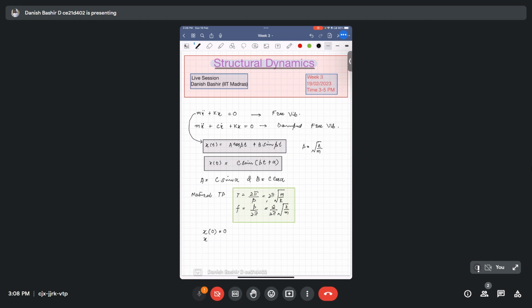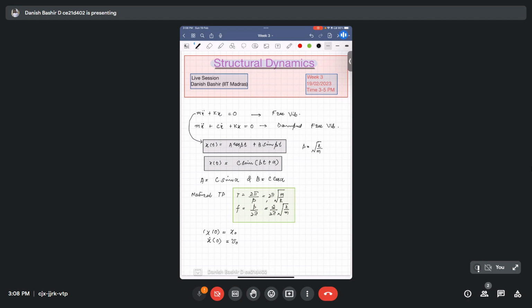If we do not take rest conditions, but there are some values for these initial conditions, at t is equal to 0 it has some initial displacement x naught, and at t is equal to 0 it has some velocity v naught.